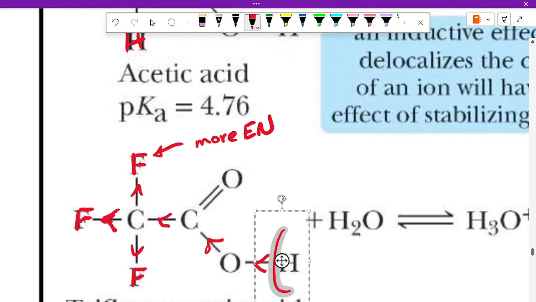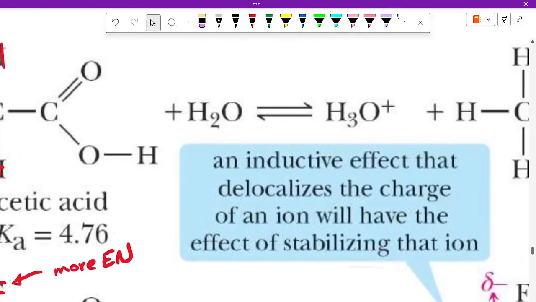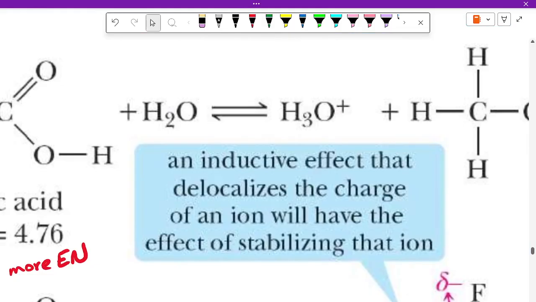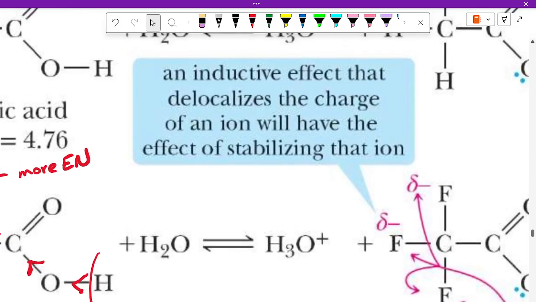That's induction. The inductive effect that delocalizes the charge of an ion will have a stabilizing effect on that ion.